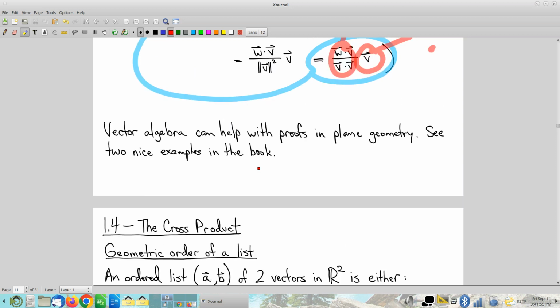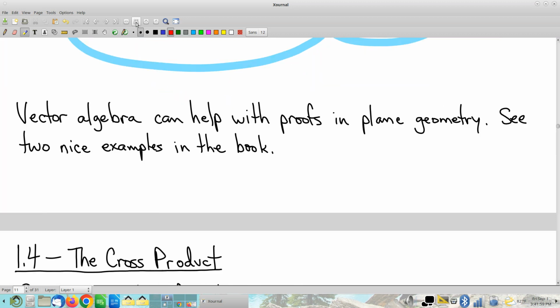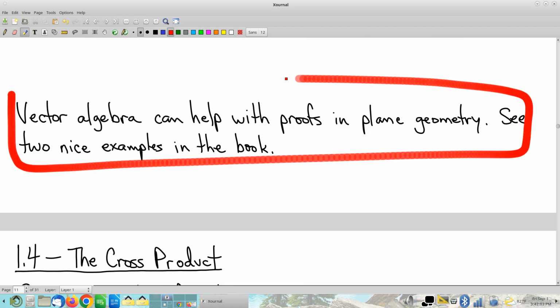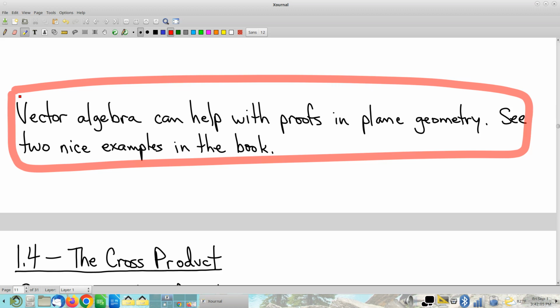Okay, real quick, tough choices and all that. I'm not going to have time to talk about this stuff. The book has several examples where they use vector algebra to prove certain facts of plane geometry. It's a pretty straight read. It's not that big of a deal. Give that a look.